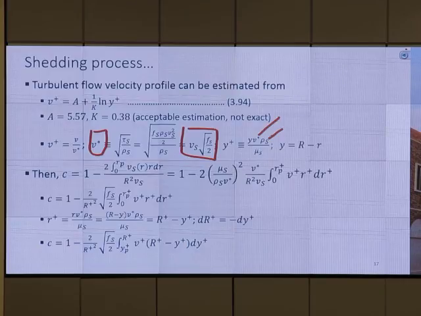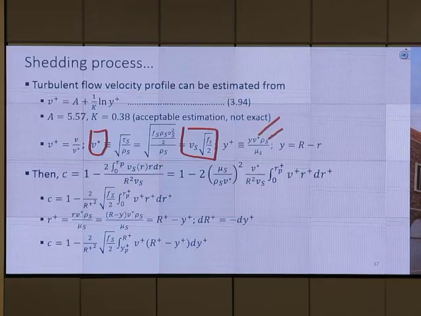Liquid density maybe 900 kilograms per cubic meter. You set your VSL and VSG to a certain value, and then you can calculate your rho S and your mu S. Then you can calculate Reynolds number based on the velocity inside the slab. You get Reynolds number, calculate friction factor, and then you get V star.